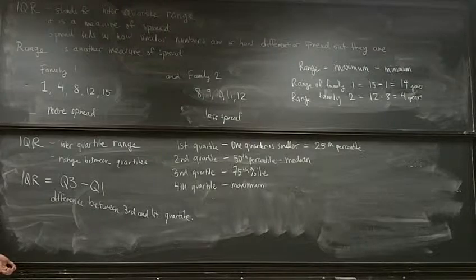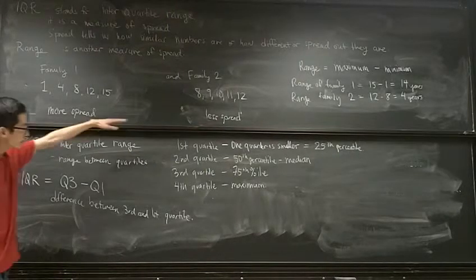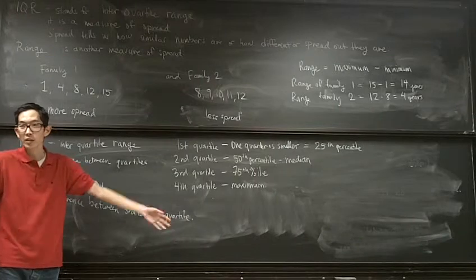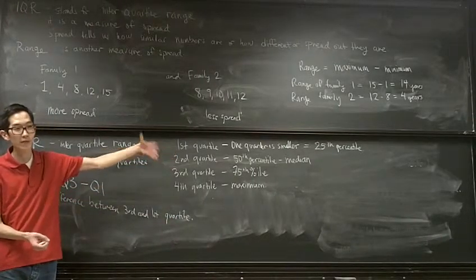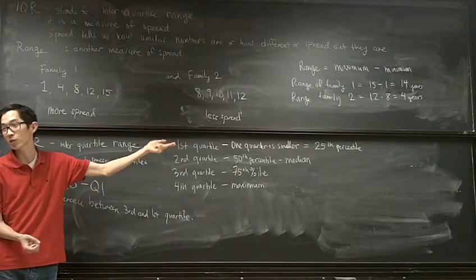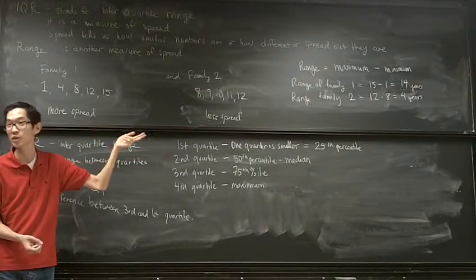Is that okay? Yeah. Sorry, I don't really understand. How is it the difference between the third and the first? I'm just defining, I'm just telling you what the IQR is, okay? So first I told you what the quartiles are, okay? The second quartile is just another name for the median, okay? 50th percentile, median, second quartile, those are all names for the same thing.